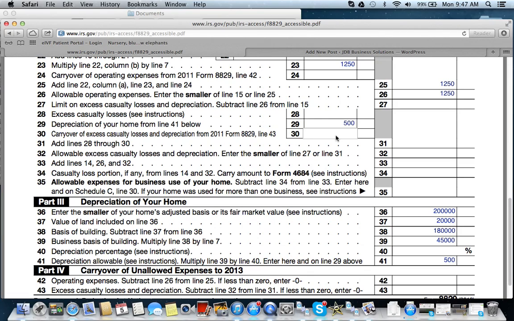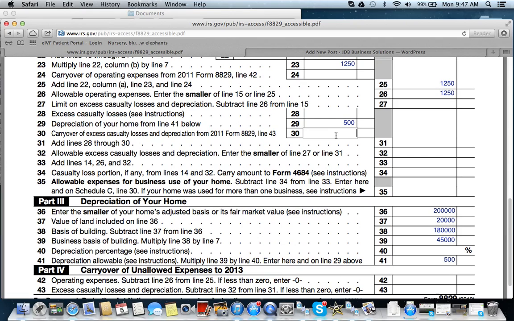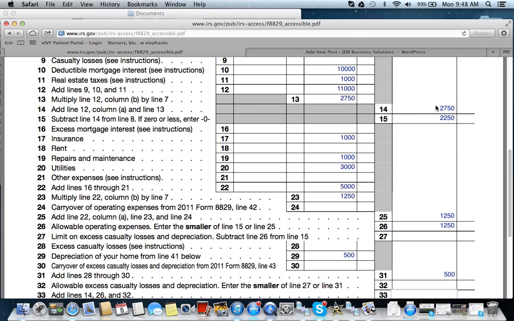Carryover of excess casualty loss, again, we're not going to worry about that. Line 31 adds lines 28 through 30. So for us here, that's just $500. Allowable excess, we're not going to worry about that. Add lines 14, 26, and 32. So line 14 was a 2,750.